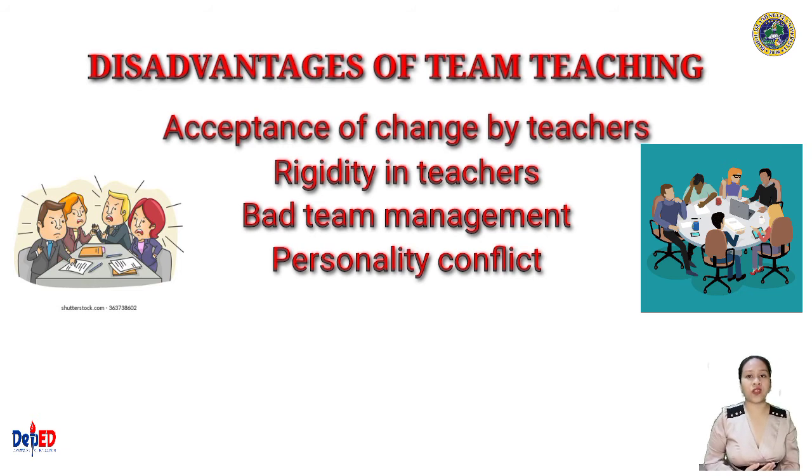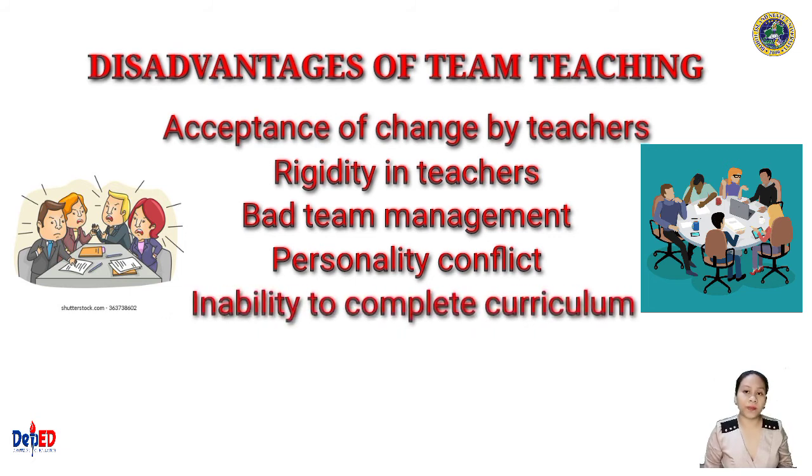A dominating person will overpower the other people. 5, inability to complete curriculum. Even though creative teaching is necessary, it is also important for completing the course syllabus. This is one of the major challenges faced during team teaching.